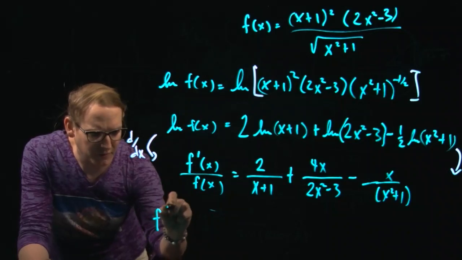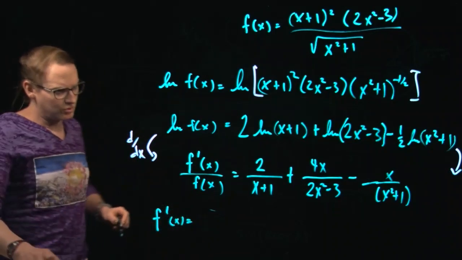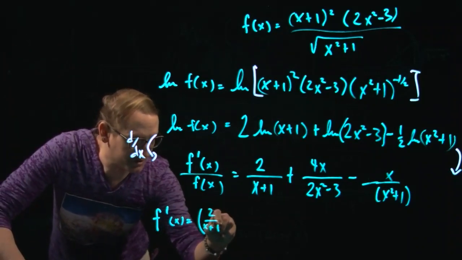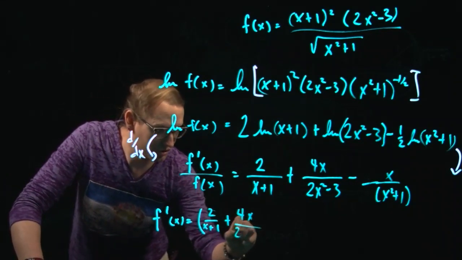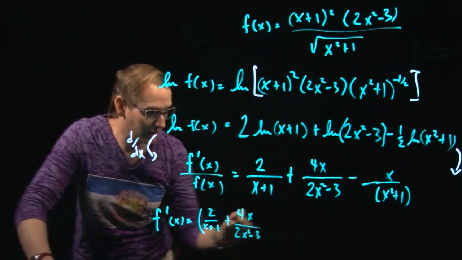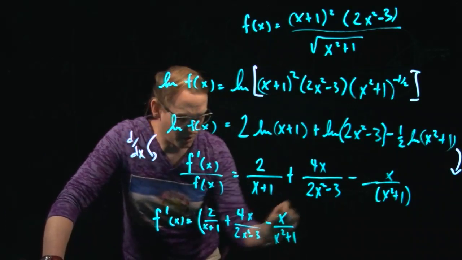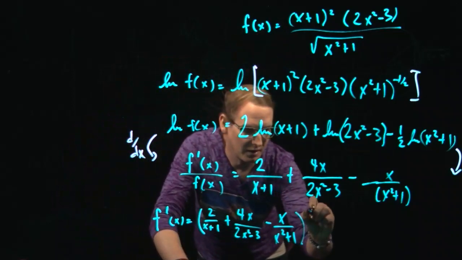So that f prime of x is equal to the quantity 2 over x plus 1 plus 4x over 2x squared minus 3 minus x over x squared plus 1 times this whole thing right here.